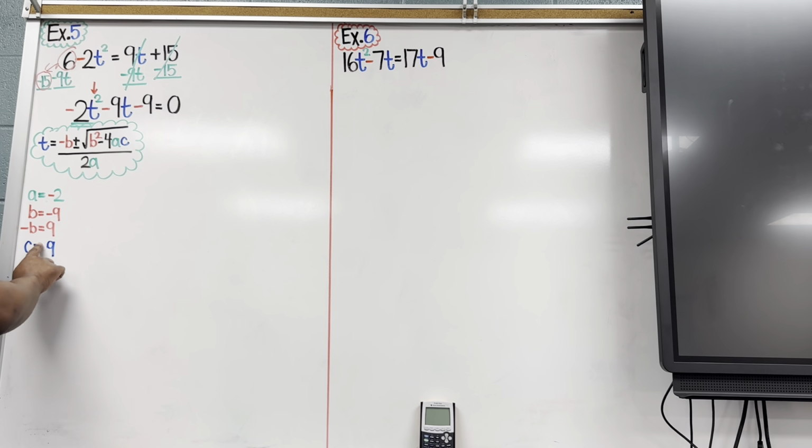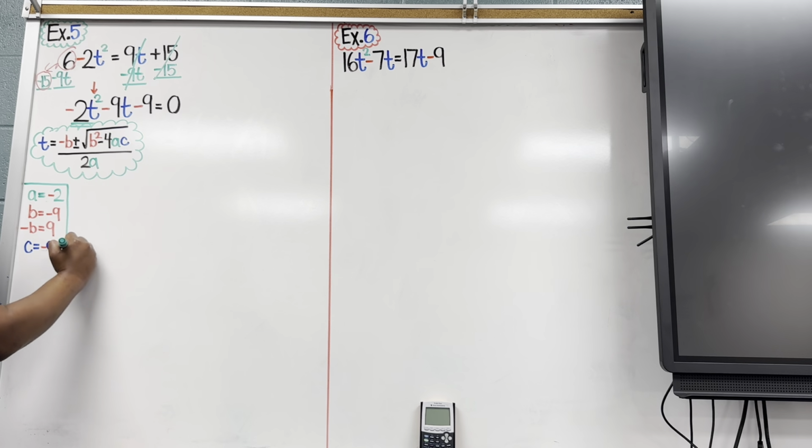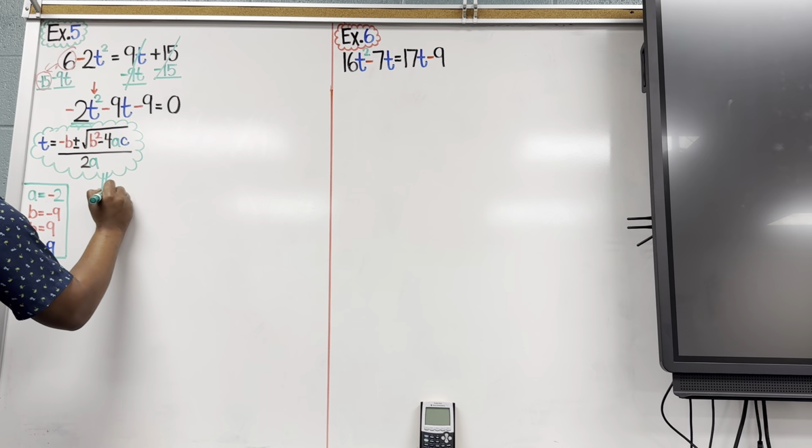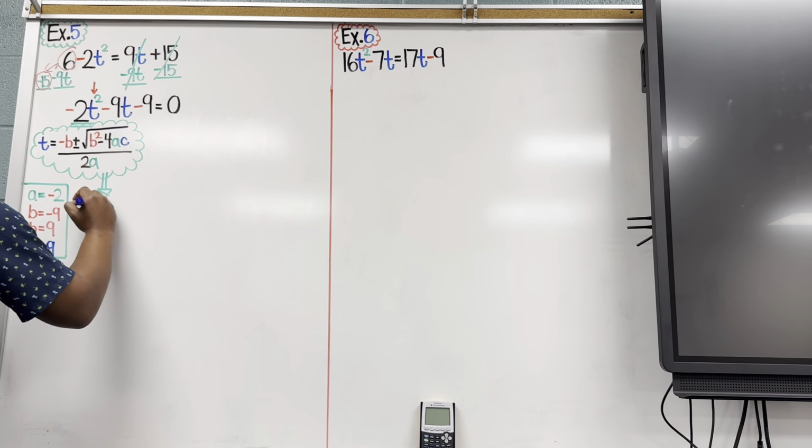Let me make the negative sign red, so we know that's negative. Once again, this is what we have so far. All we're going to do is plug these values from our key into the quadratic formula. Let's start the process. I still have t equals.